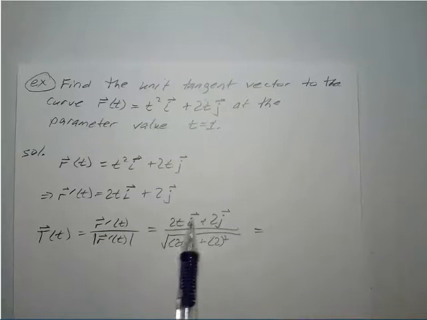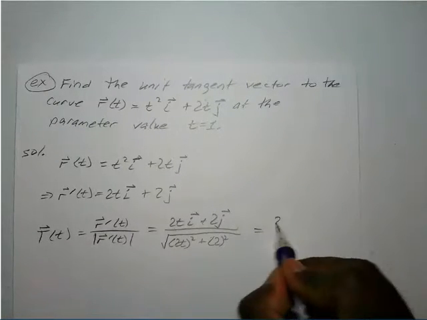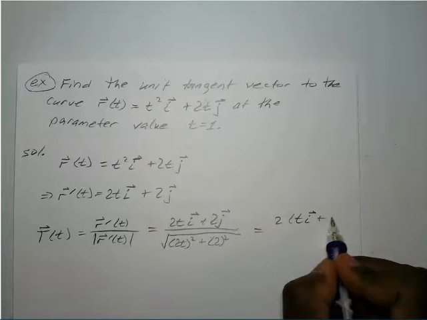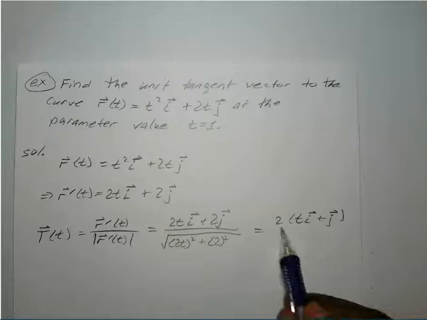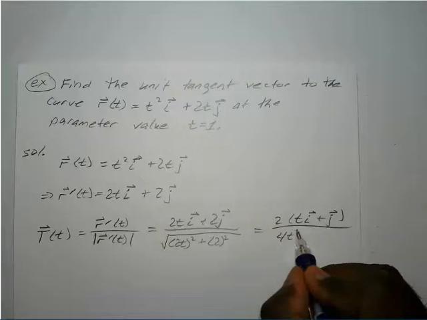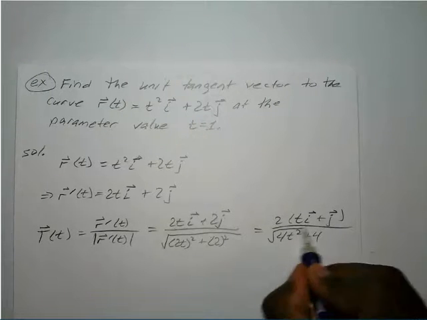Okay, so we can go ahead and factor 2 out of both of those. So 2 times t times i vector plus j vector over 4t squared plus 4, and the square root of that.